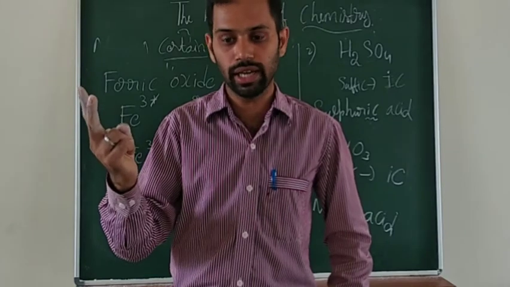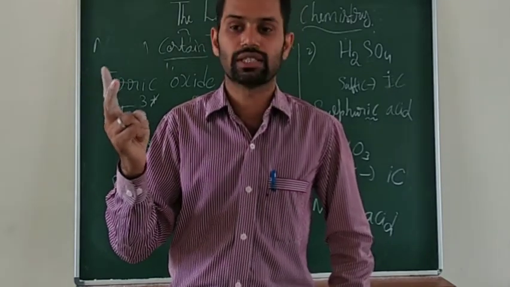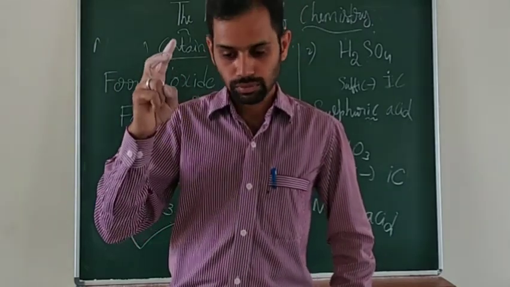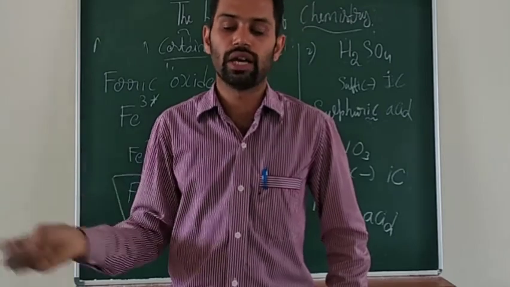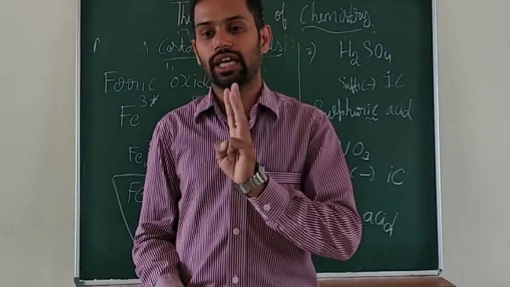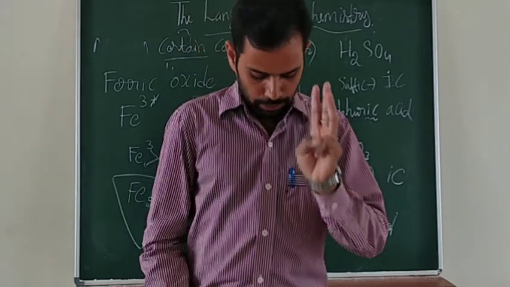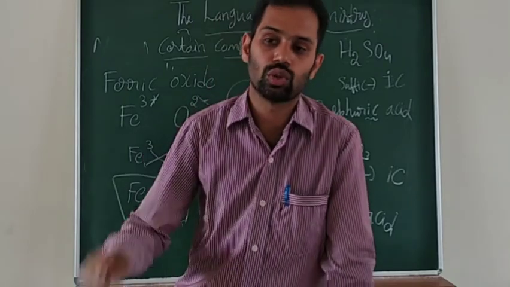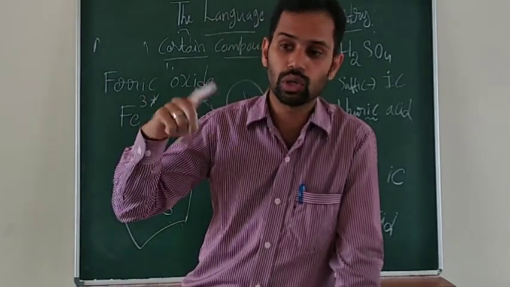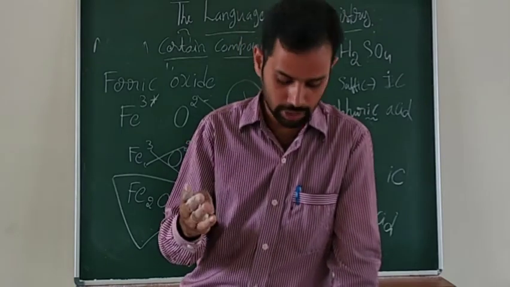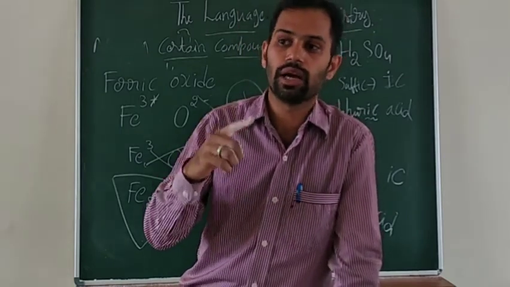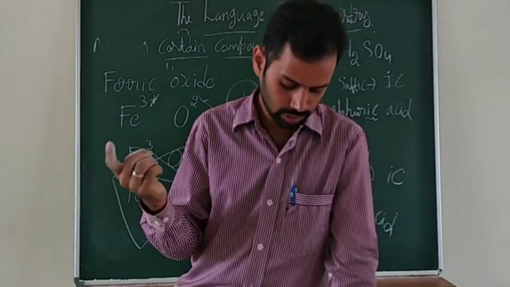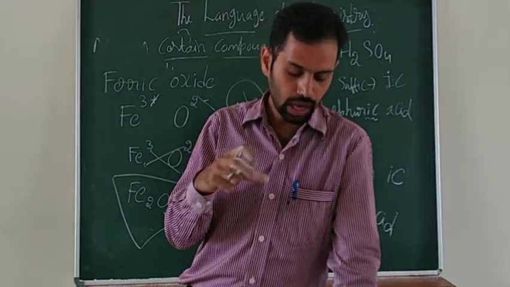When two oxygen atoms are there, we use the suffix ite. Sodium chlorite. When three oxygen atoms are there, we use the suffix ate. Sodium chlorate. When four oxygen atoms are there, you use per. Sodium perchlorate. This is how to name some of the compounds.